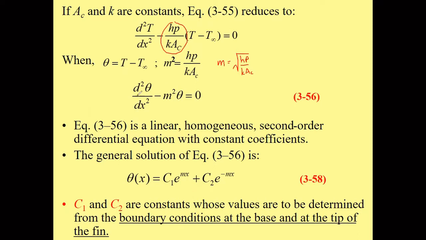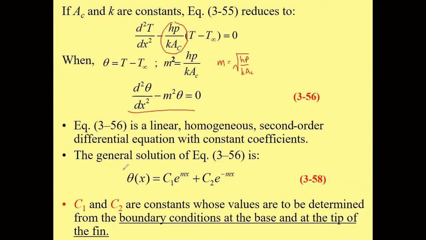If you realize, this equation is a linear homogeneous second order differential equation with constant coefficients, which you've learned in engineering mathematics. This is the simplest form of differential equation, and you can get the general solution like this.